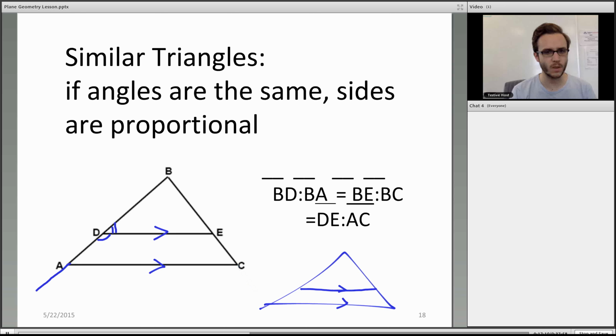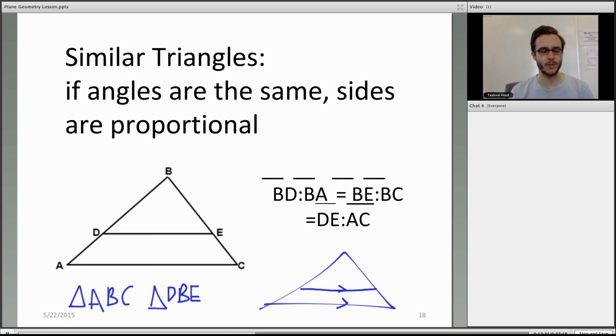So we know that the triangle that we just made inside of triangle ABC, let me actually record a little bit of this here. We have triangle ABC, and then inside that we have triangle DBE.